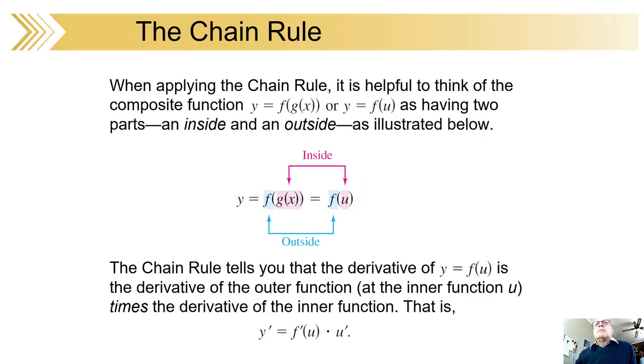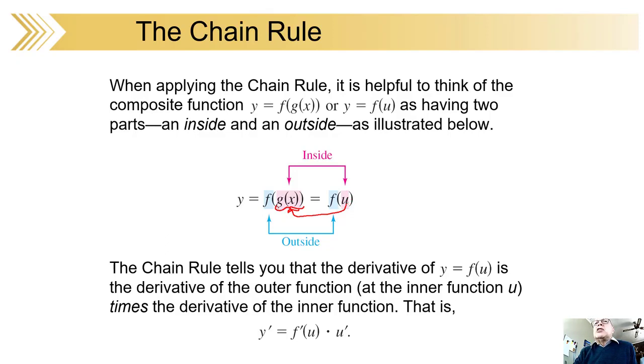Chain rule. So first of all, you figure out which is the inside function, which is the outside function. This u that we have right here is the inside function. Notice that we're going to take the derivative of that and we're not going to touch it.